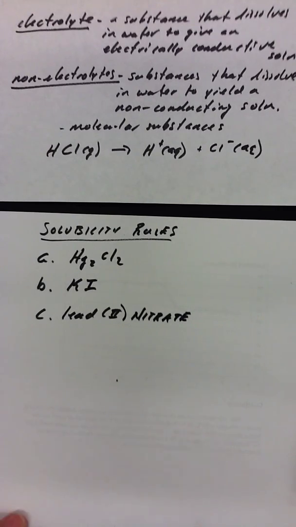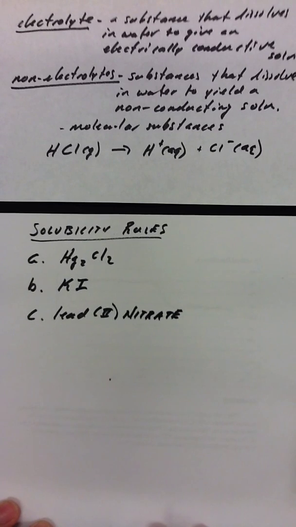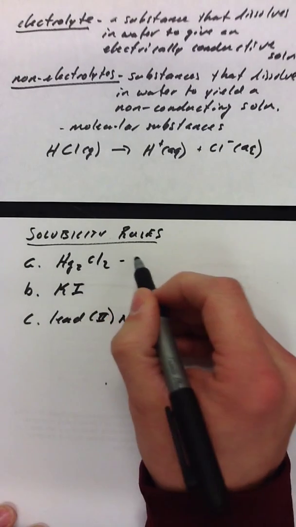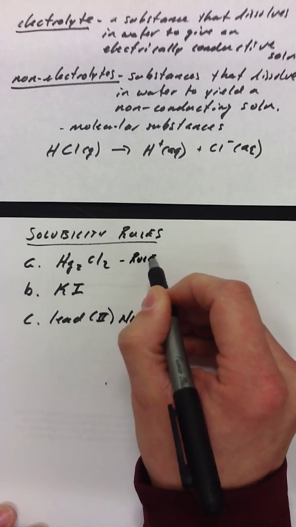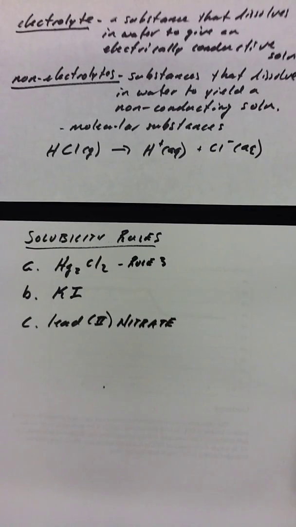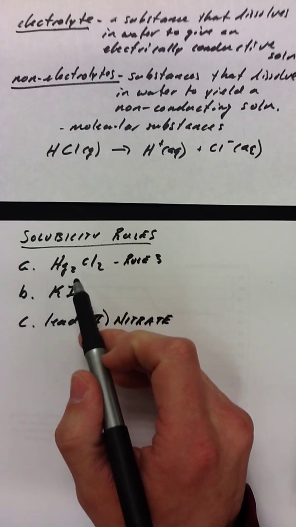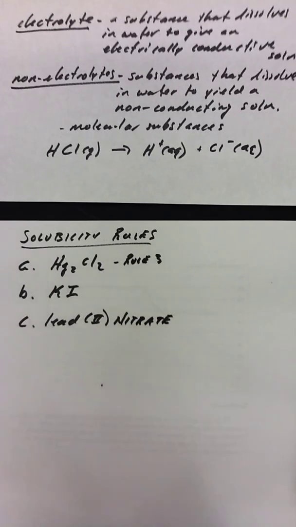Now, according to our chart, we'll take a look at part A first. According to Rule 3, most compounds that contain chloride are soluble, with the exception that those chlorides that contain mercury are listed as one of the exceptions to the rule.